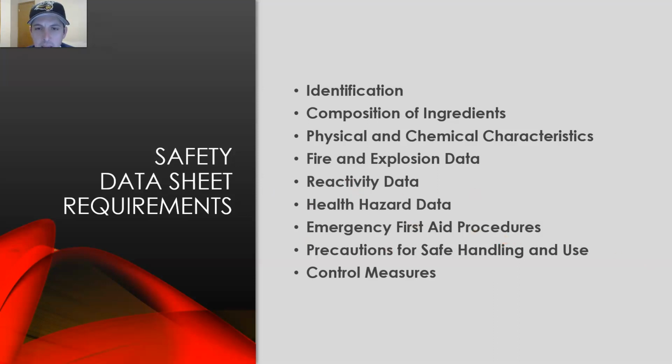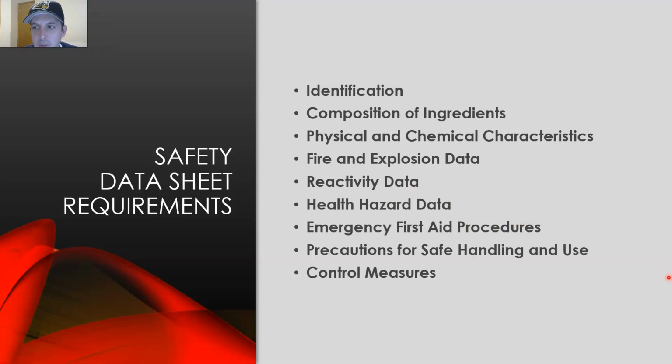So that way, individuals would know whether or not they're exhibiting signs and symptoms of overexposure, as well as different acute or chronic health conditions that could result from overexposure, as well as medical conditions that might be aggravated with regards to exposure to this. So, a common one there would be like asthma being worsened by exposure to this specific chemical.